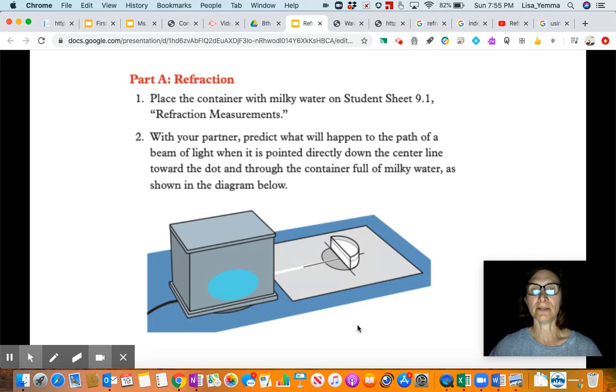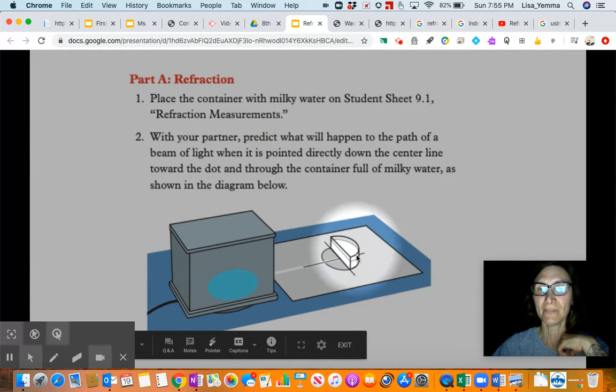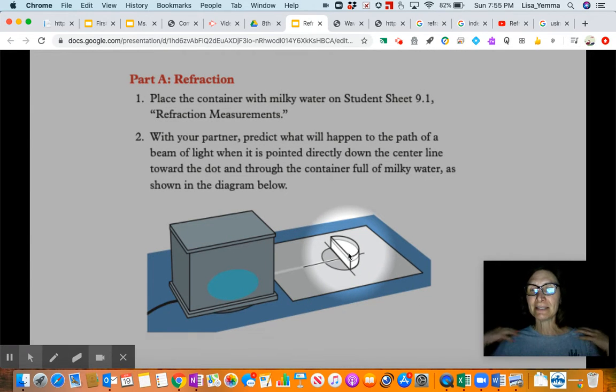In part A of this investigation, if we were in class, we would be doing this, of course. We are going to take a little dish, and you'll see here on the screen this little dish, and we put in some diluted milk. So I would just get cafeteria milk and I would put some water in it to make it not super opaque, but a little bit diluted.